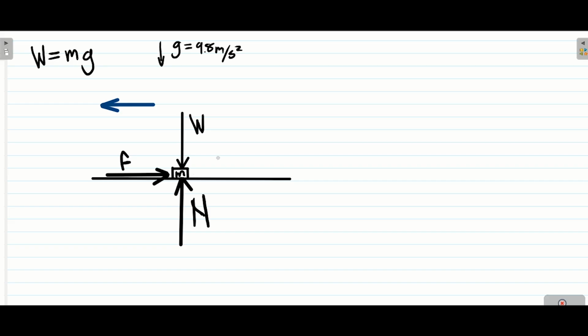So now let's say that in order for this box to move to the left, we needed a force acting on it.